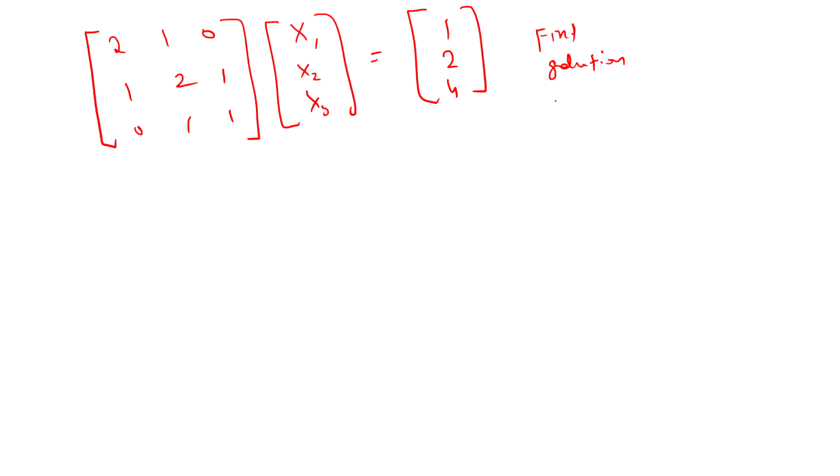Find the solution via Gauss-Seidel. Let us assume that x0 is nothing but 1 2 1 transpose.